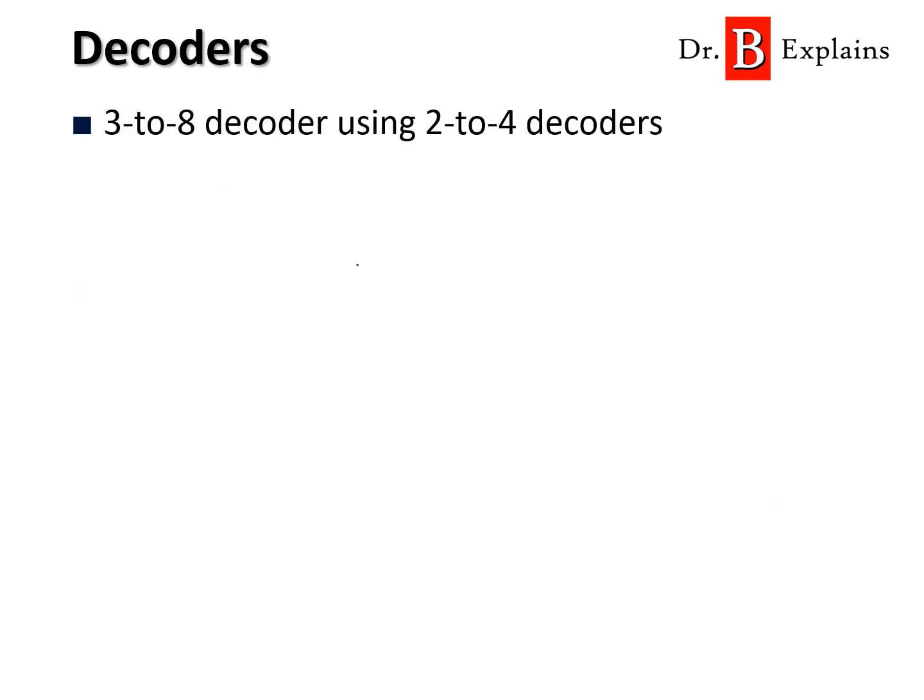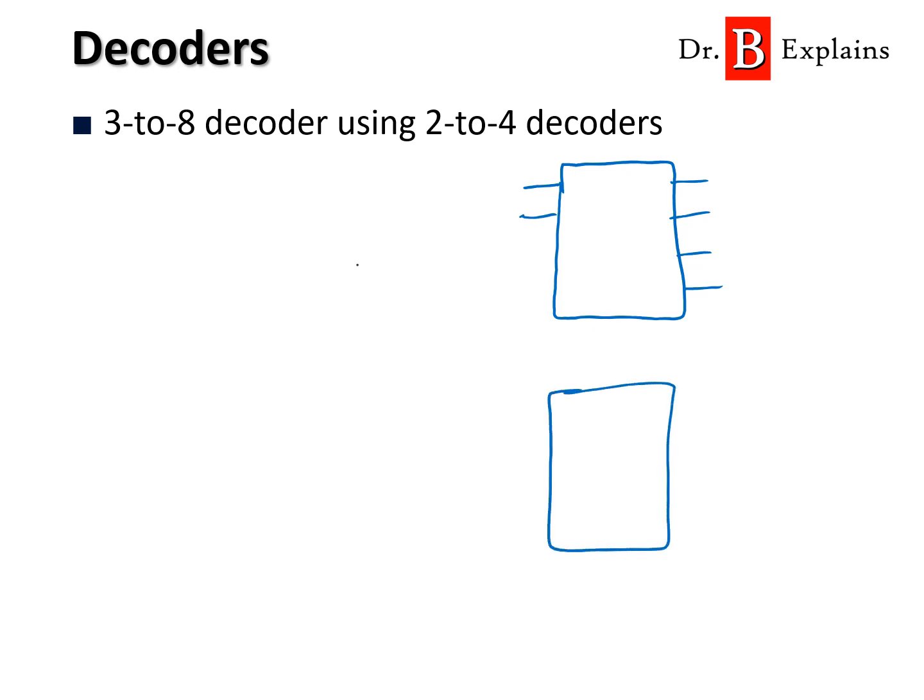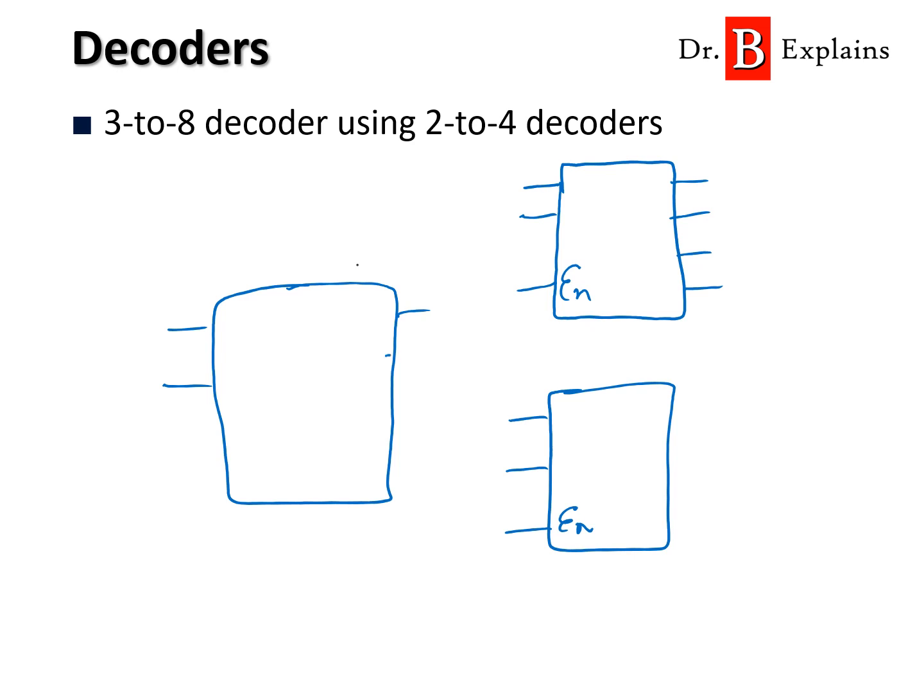If we use 2 to 4 decoders, we're going to have 1, 2, 3, 4, and then we're going to have another one. Of course, we have the enable. And so in this case, we can have another 2 to 4 decoder, of course with an enable.